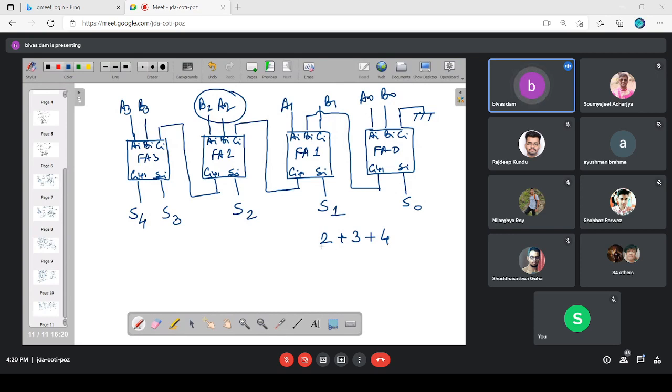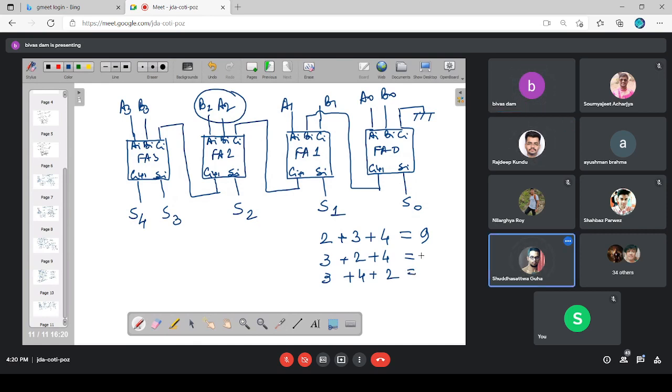So if you go for this summation, what will be the result? 9, sir. Instead of this, if I go for 3 plus 2 plus 4, or 3 plus 4 plus 2, will the result be different? No, sir. There should not be any problem there.